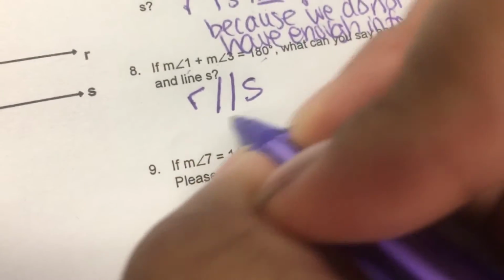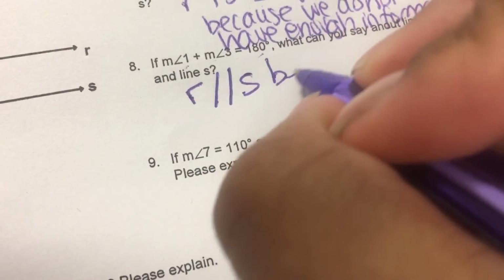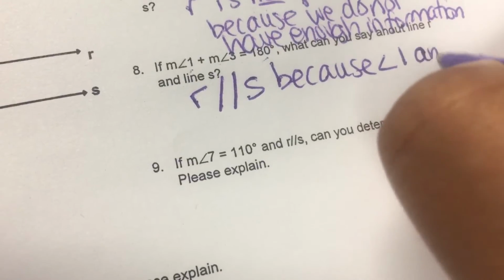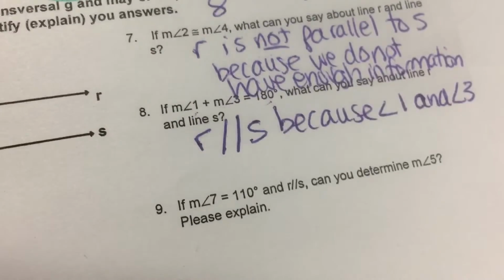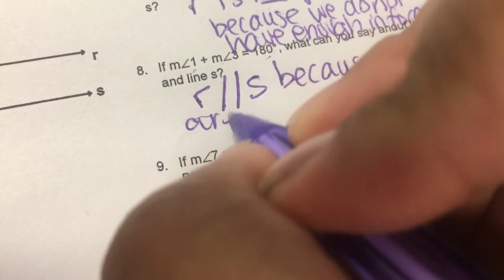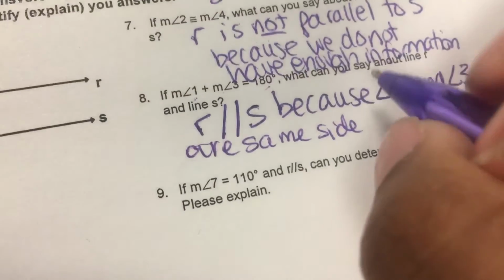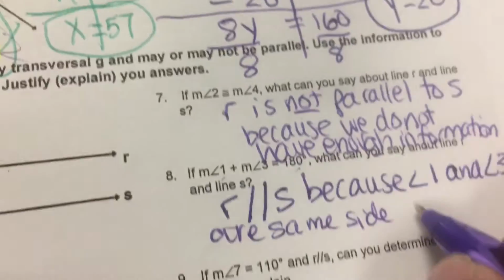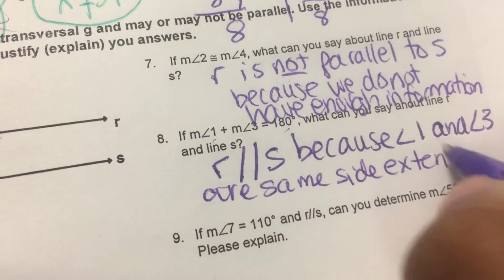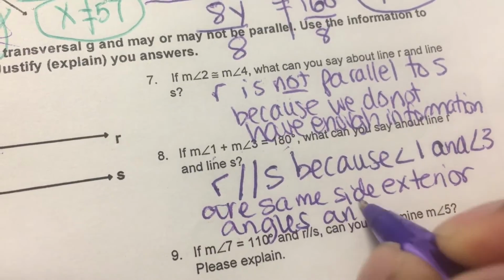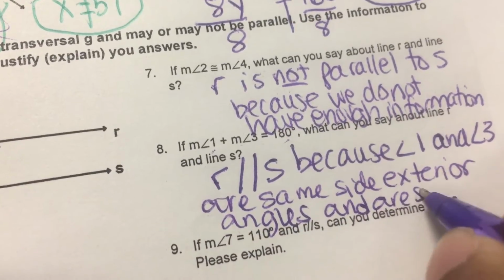So we would say R is parallel to S. That's the symbol for parallel, because angle 1 and angle 3 are same side exterior angles and are supplementary.